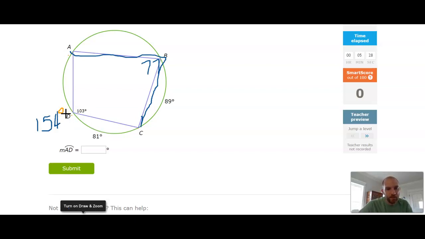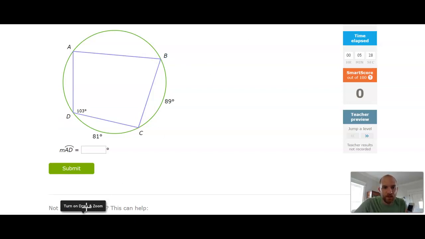This would need to be 154 minus 81, whatever's left over. If you wanted to set up an equation, you could say 81 degrees plus the measure of arc AD is equal to 154, or you could just do 154 minus 81, and that would leave you with 73 degrees.